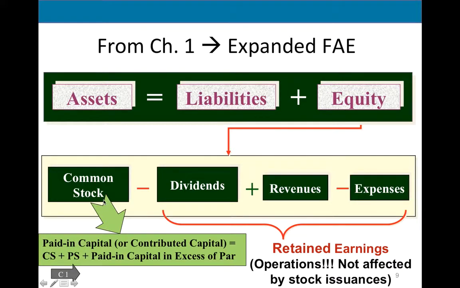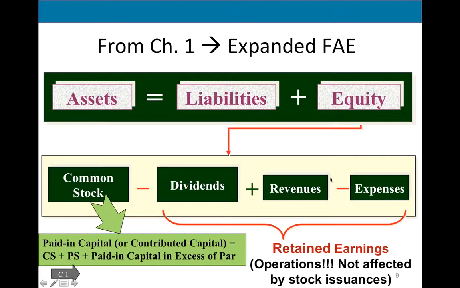We used to talk about it with just one account, common stock. In reality, there will be common stock and preferred stock and treasury stock, and this new account with a long name, paid in capital in excess of par. So this is a group of capital coming to our company from investors. This group is called paid in capital or contributed capital.